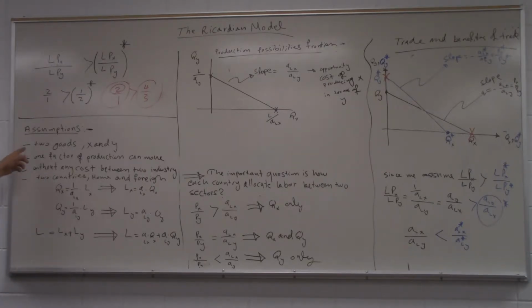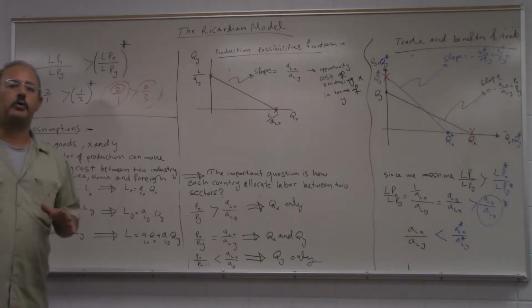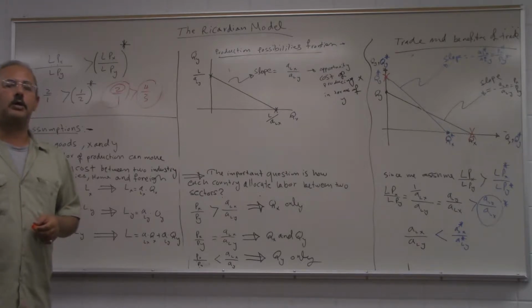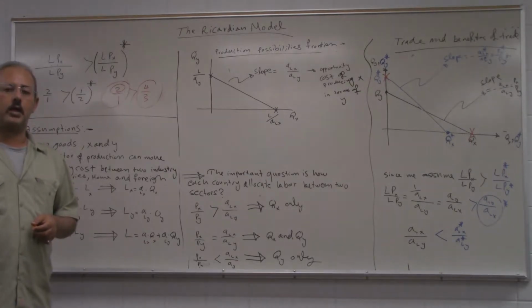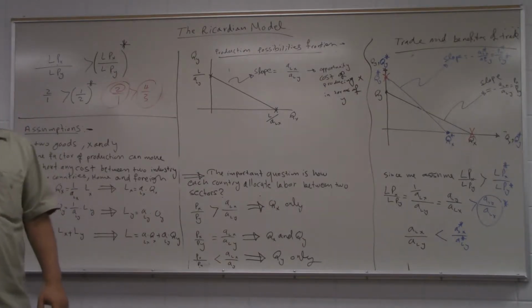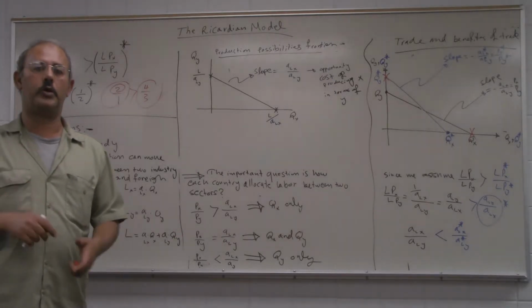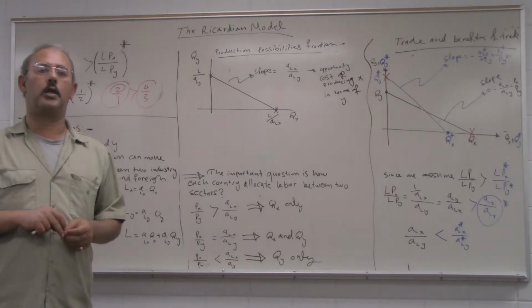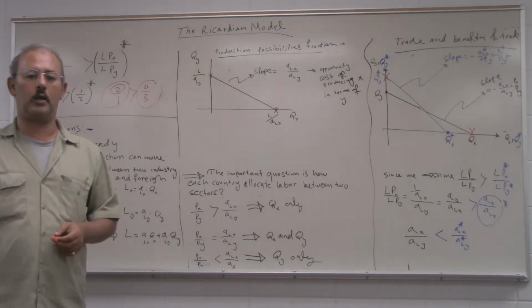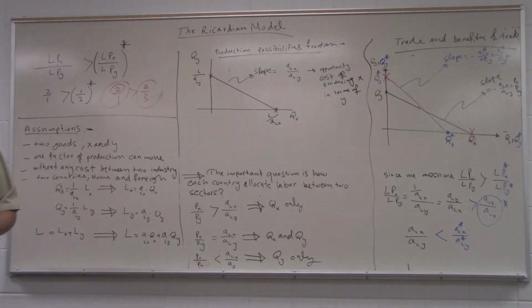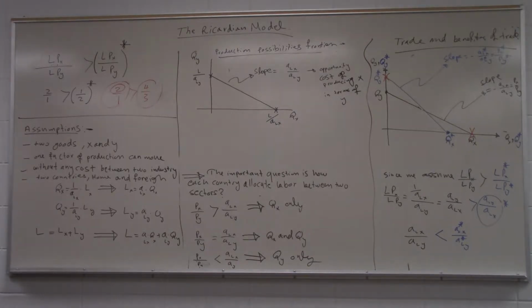We assume that we have 2 goods, X and Y, and 1 factor of production, which is labor. This is a very important point. We also assume that labor can move without any cost between the two industries, the industry producing good X and the industry producing good Y. This is the free mobility of labor between the 2 sectors.